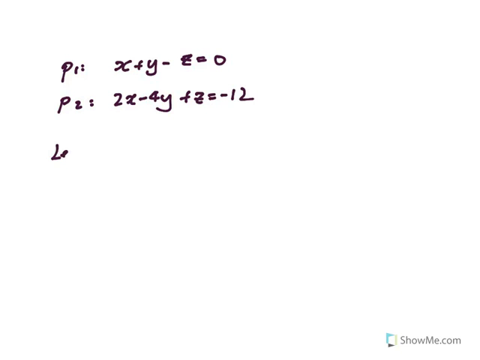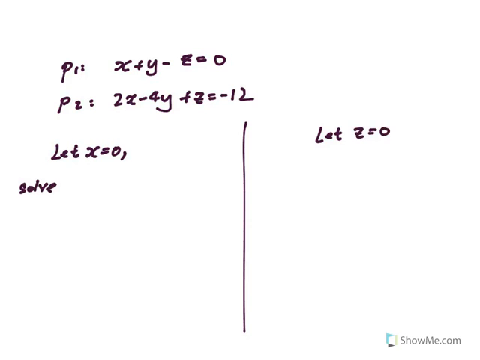One method is I let x equals 0. Or another method, I can let z equals 0. You let x equals 0, then you solve. Since this one becomes 0, you have solved y minus z equals 0, negative 4y plus z equals negative 12.